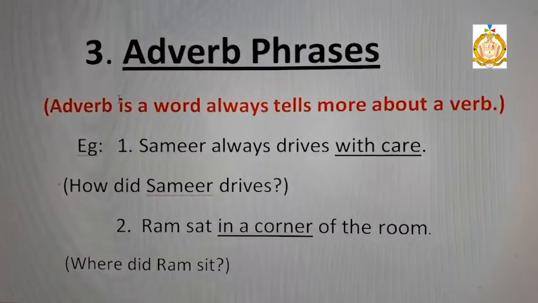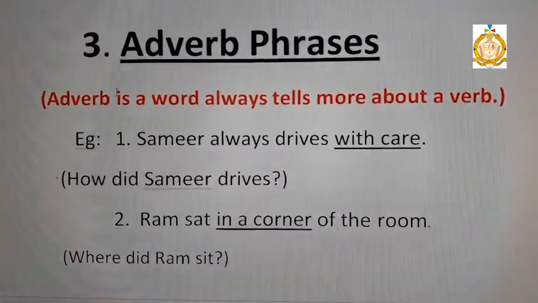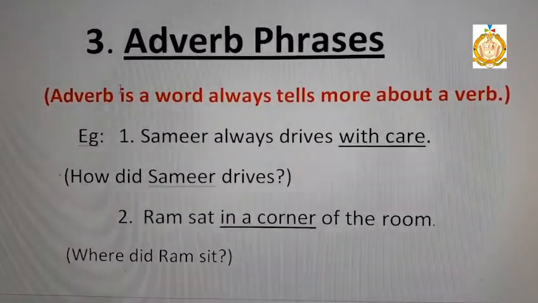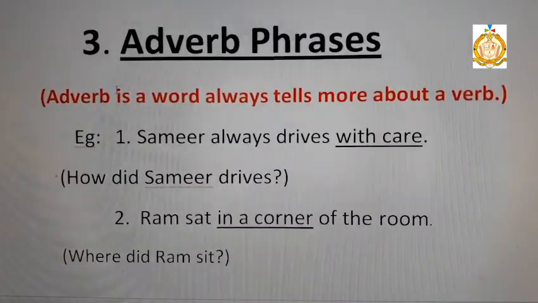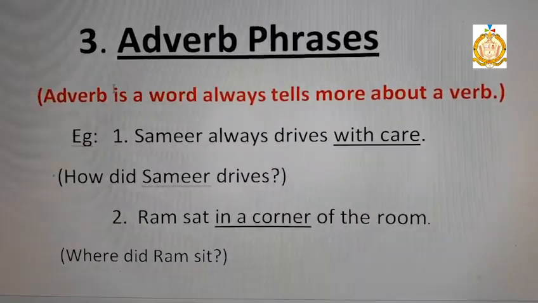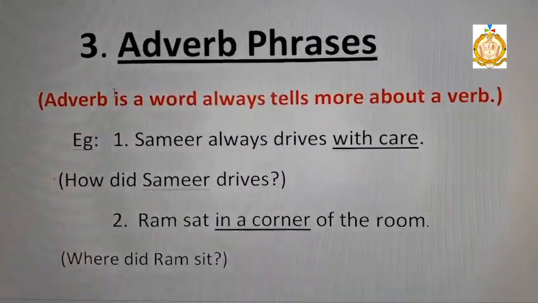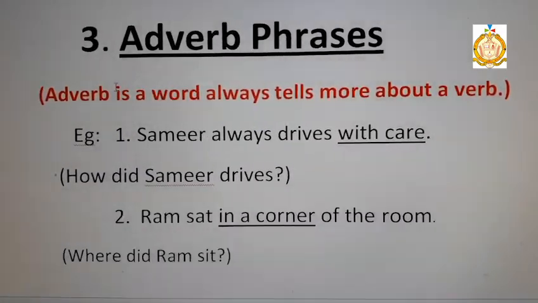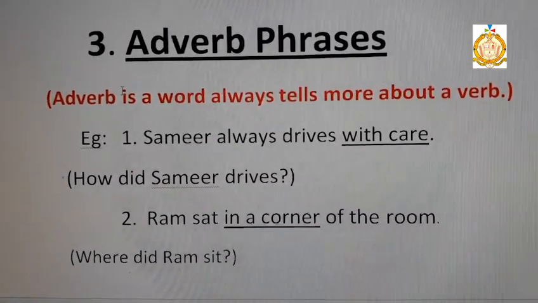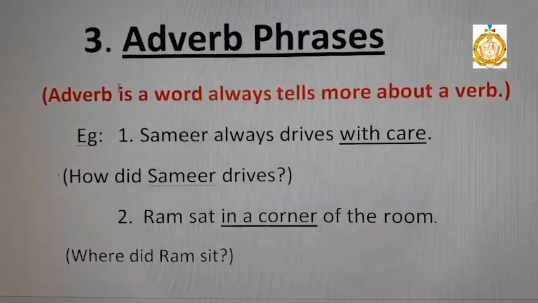Here the example is Samir always drives with care. So here the action, or the verb, is drive or drives. And when we ask a question, how did Samir drive? He drove with care.